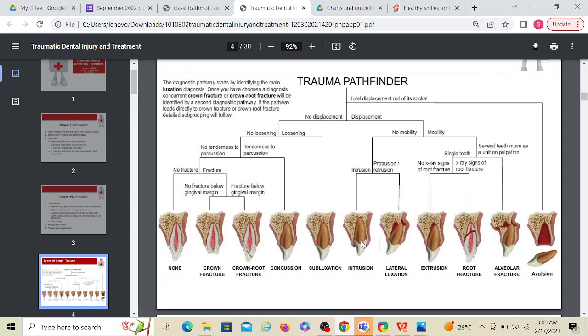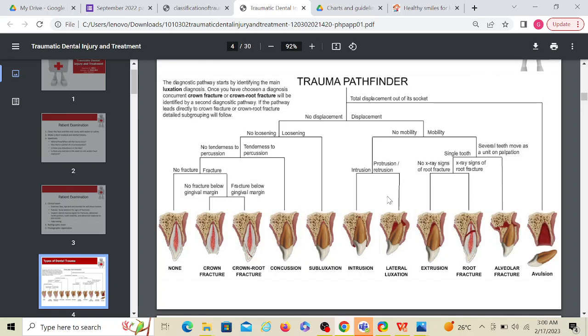Intrusion is very important. See, if the intrusion happened in this direction, now imagine there is a permanent tooth bud out here. Now, if the intrusion happened in a direction where the crown of the tooth is pushed palatally and the root has been displaced labially, you can leave that intrusion as it is because the tooth is pushed inside and you see the crown here somewhere and the root is here.